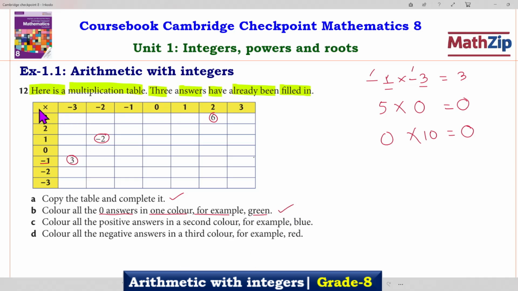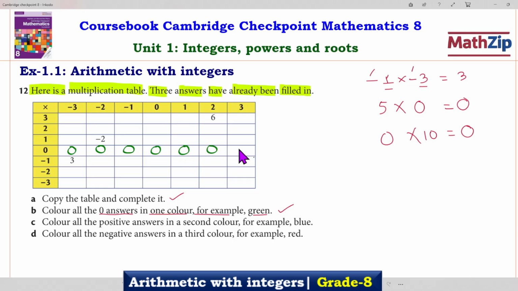Okay, so first we omit all the coloring here and find out which ones become 0. First we can start with this one, and it should be green color. So 0 times 3, it will be 0. This one is 0, this one is 0, this one is 0, because 0 times 0 is absolutely 0.